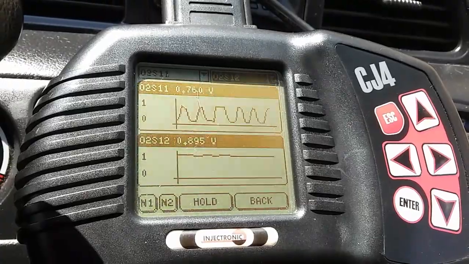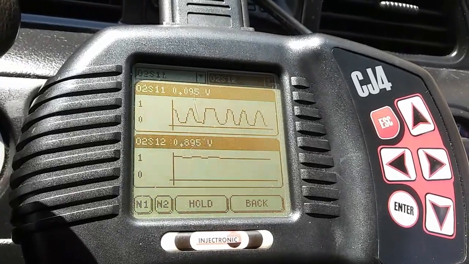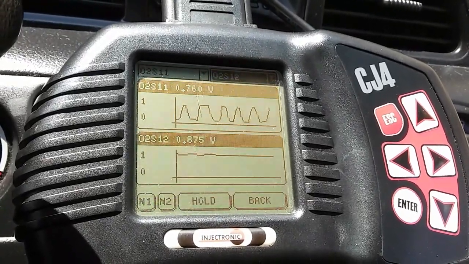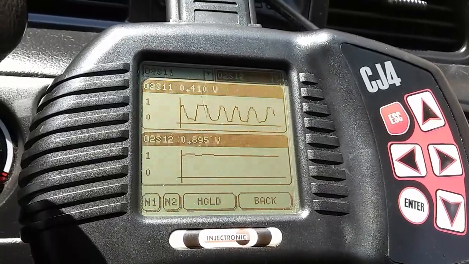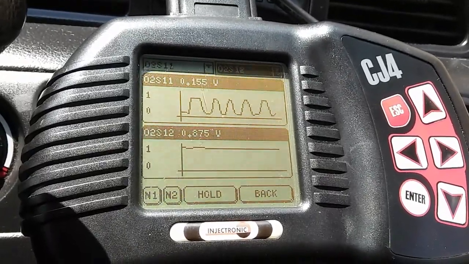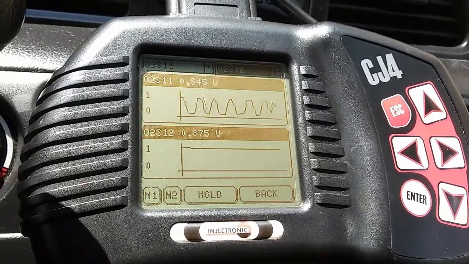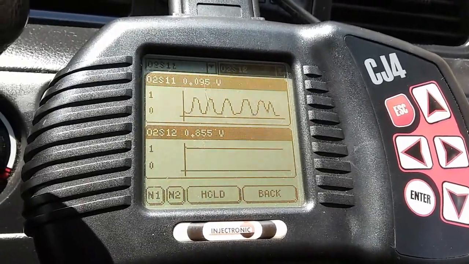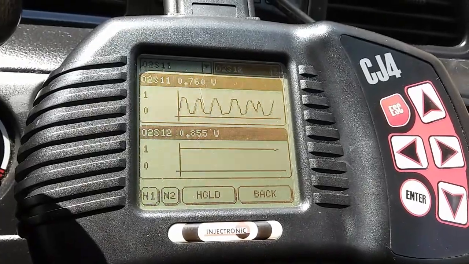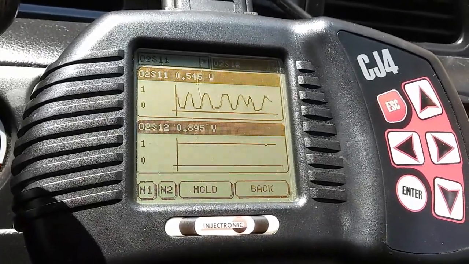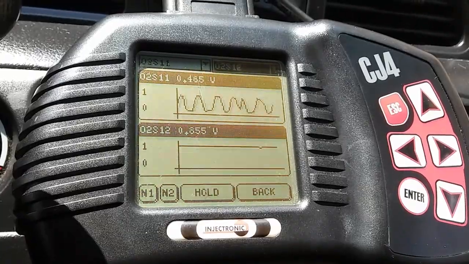So any exhaust leaks before the catalytic converter will affect your voltage signal on the downstream O2 sensor, due to the fact that the O2 sensor is reading extra oxygen in the system. Alright, so method number one, so far the catalytic converter is checking out good.